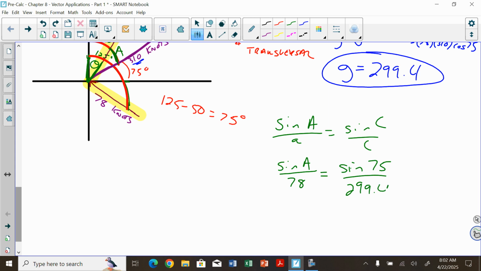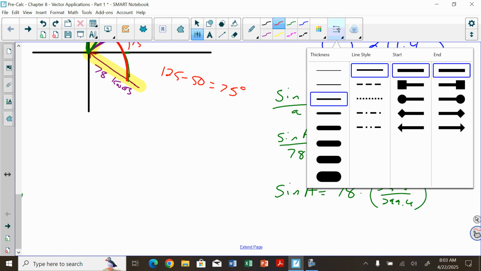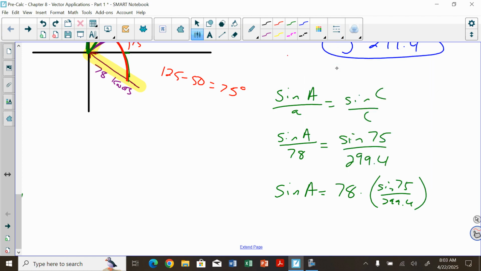Then I can cross multiply and solve for the sine of A. Remember, sine of A is going to be equal to 78 times sine of 75 over 299.4. But don't forget, because you're trying to find an angle, you have to inverse sine this. When I do that, I end up with A equals about 14.6 degrees.